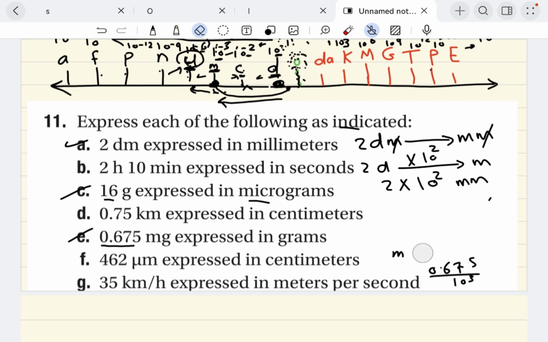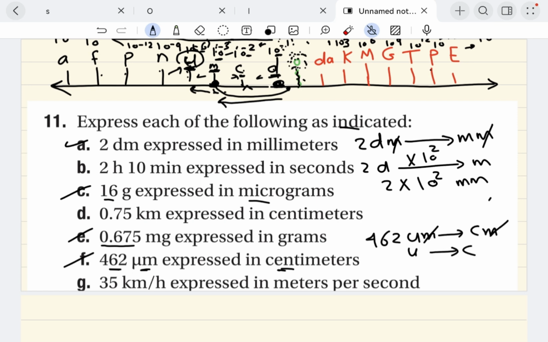Let's take more to make it easier. For example, here 462 micrometer to centimeter. I will cancel, so it's from micro to centi. Micro is here, micro to centi, so it's again from small to big.